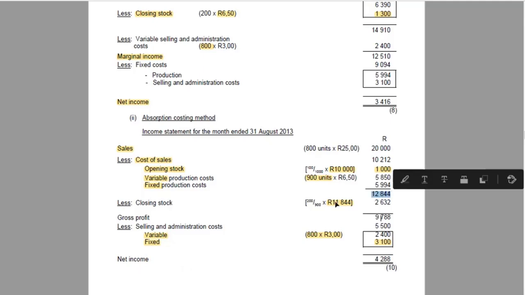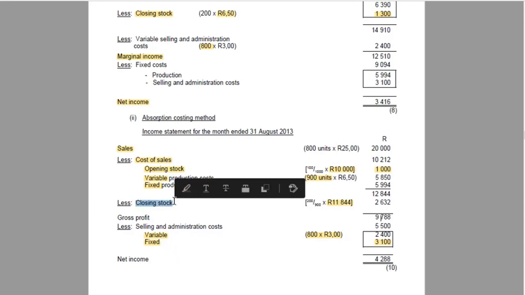They were going to take 12.8, and this 900 was going to be 1,000, because you have to take into account that 100 and this 900, because we are weighting all the costs. That was this week's question that we did, and it was one of the October exams that we did. And this is first in, first out. First in, first out, you use the current production costs. Okay, I'm done with that one.